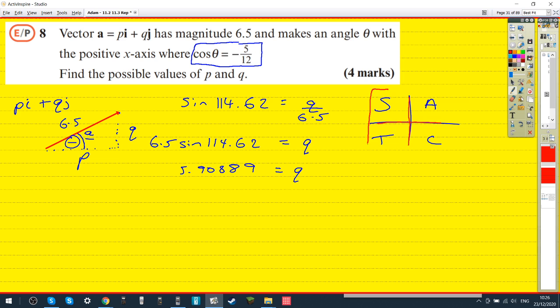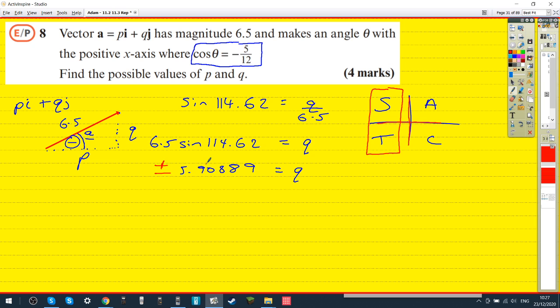Yeah, so it's in one of these two, we don't know which one. If it's in the top left, what would our answer be? 5.90889. And if it was in the bottom left, would it be minus 5.90889? Yeah, so it's plus or minus that. So that's Q. How about P?